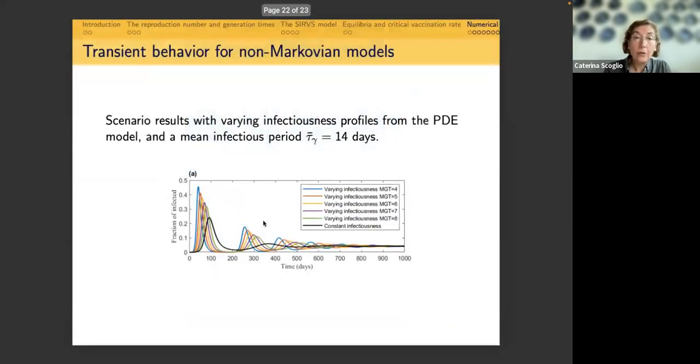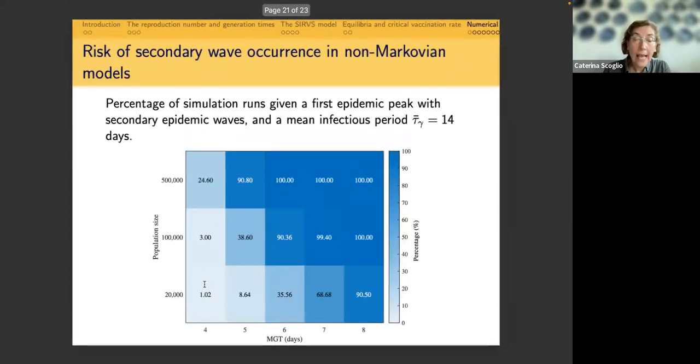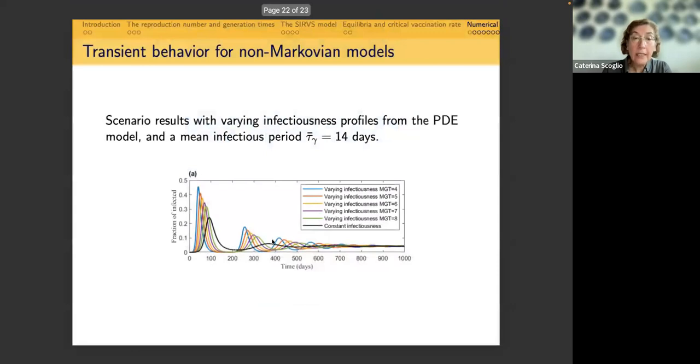Also, to understand why the majority of the curves don't have a secondary wave if the mean generation time is small: here the blue curve is the one for varying infectiousness with mean generation time equal to 4. We see that this blue curve stays at 0 for a longer time, from 100 to more than 200 days.